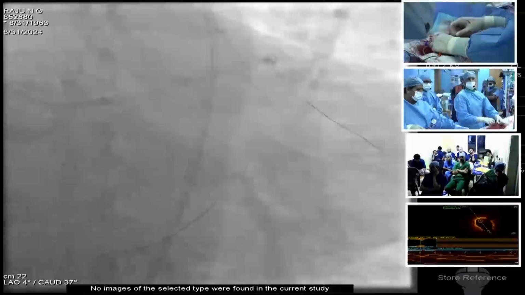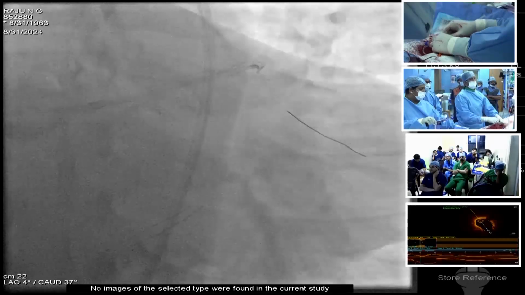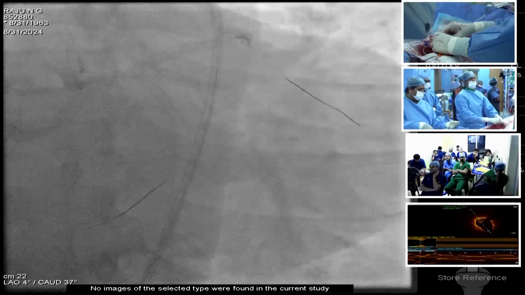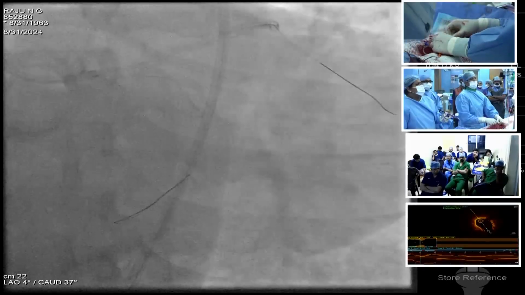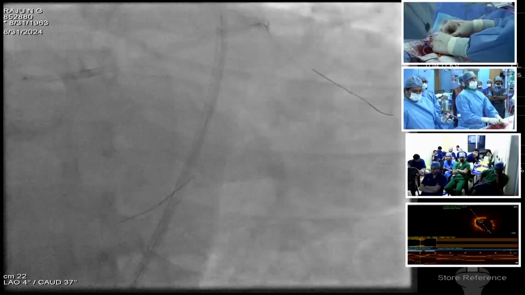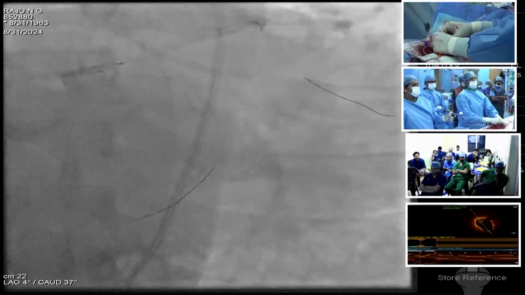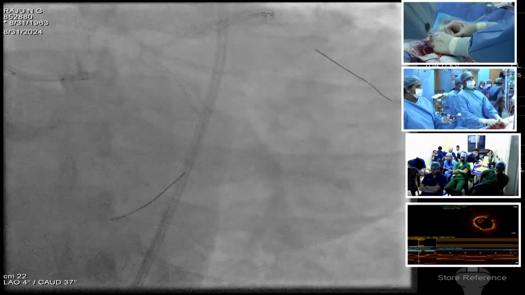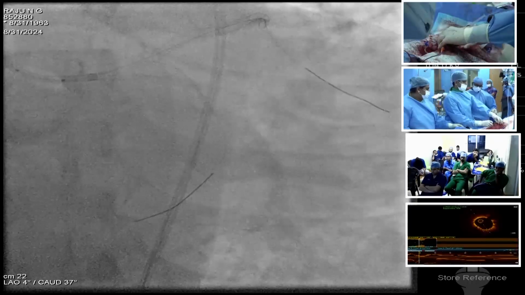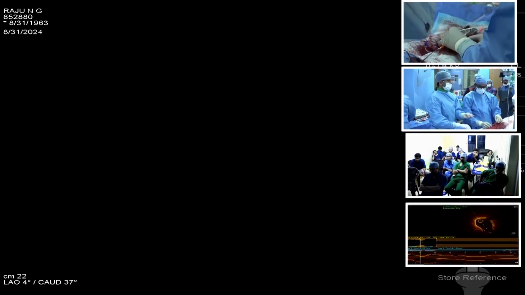Fluoro, okay. Okay, we have dilated with 1.5 balloon. Now we are going with 2 balloon, and then the 3 and a 3.5 to LAD for kissing. But 1.5 went in without difficulty, right?